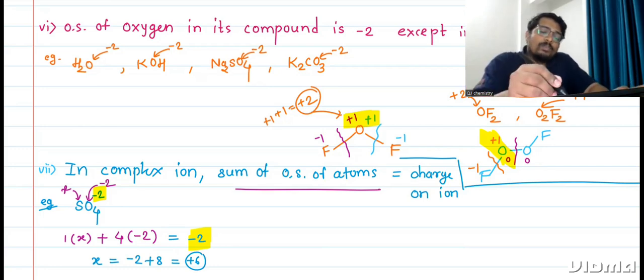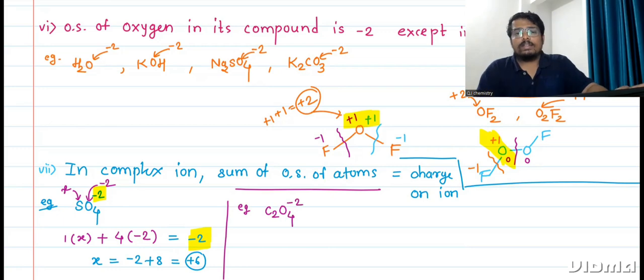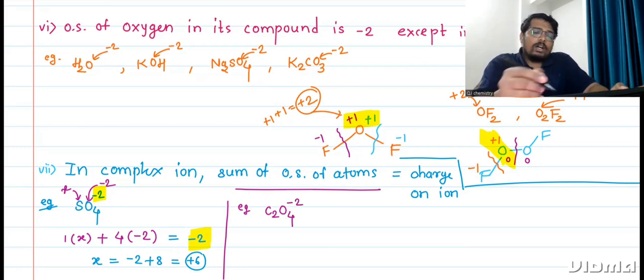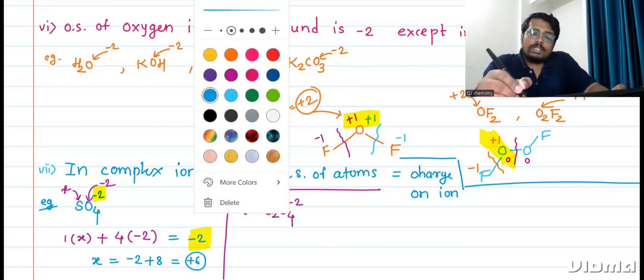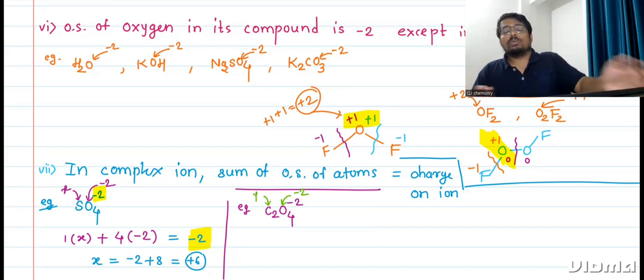Okay. Next example is oxalate ion. Second example, oxalate ion C2O4 2-. In oxalate ion, we know that the oxidation state of oxygen is -2. Let us consider the carbon oxidation state to be Y. How many carbon atoms are there? 2.